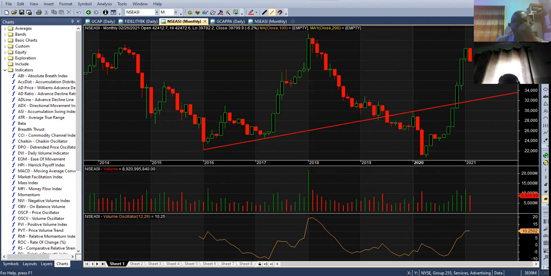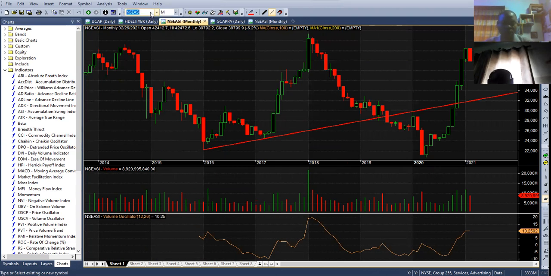Two, most of the transactions were likely on the sell side than on the buy side, because that's why you see the red. That signifies the sell volumes. So we had a bearish month in the month of February.